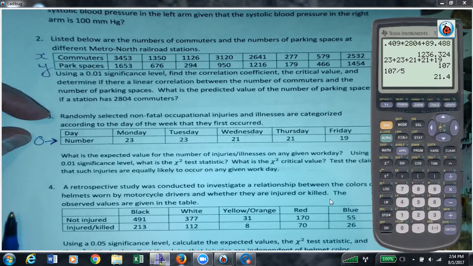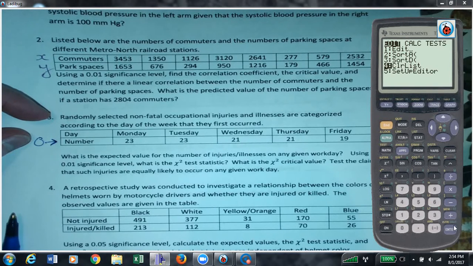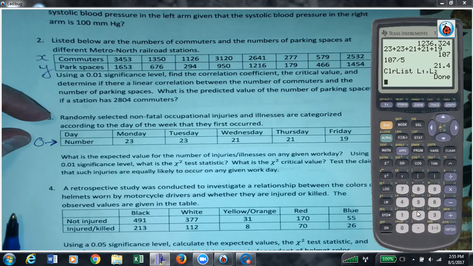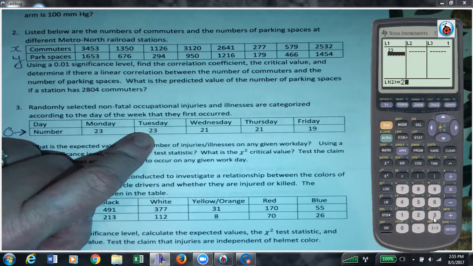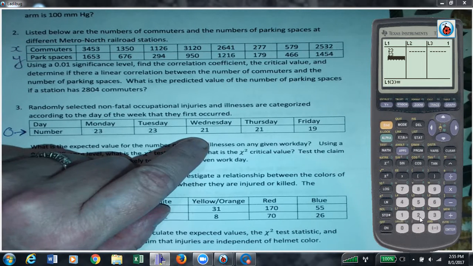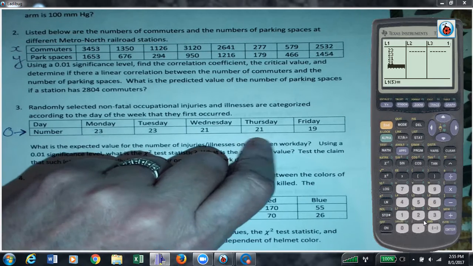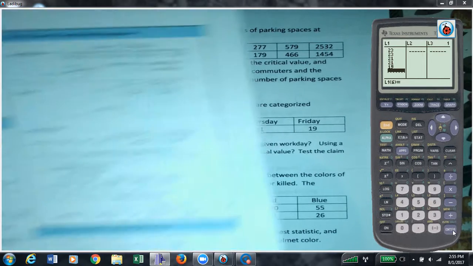I'm going to need to clear out list 1 and list 2. Okay, so in list 1, I've got 23, 23, 21, 21, and 19.